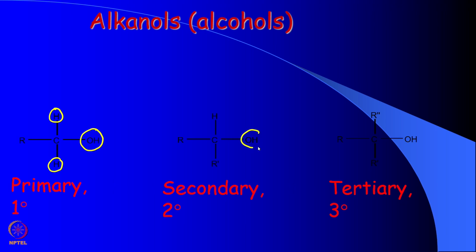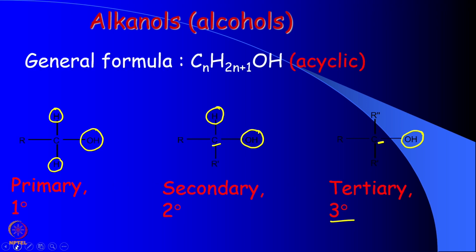If the OH is connected to a carbon which is in turn only connected to 1 hydrogen, it is called a secondary alcohol. And if you have the OH group connected to a carbon where there is no hydrogen atom, it is called a tertiary alcohol or a 3-degree alcohol. So, it has a general formula of CnH2n+1OH. So, 3 classes of alcohols that we can think of: primary, secondary and tertiary.